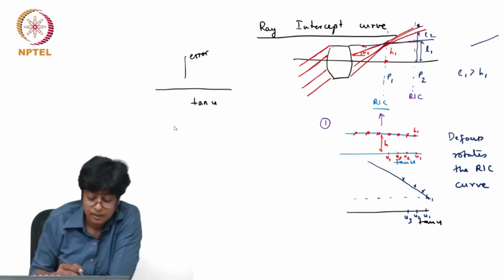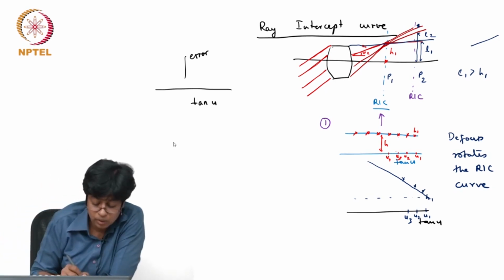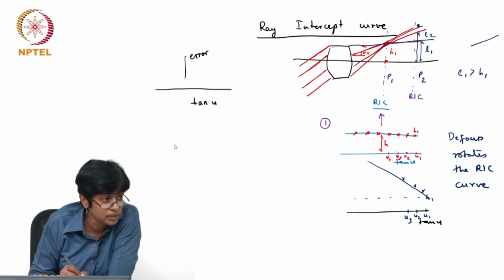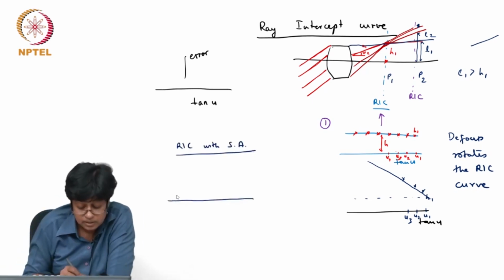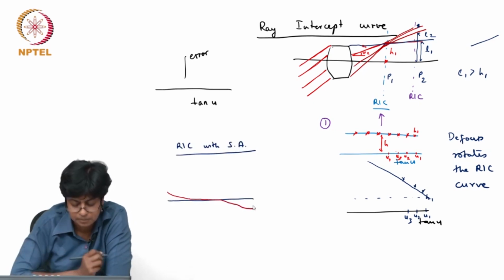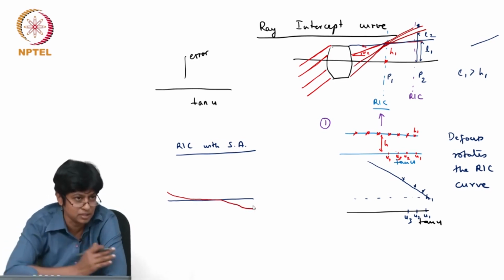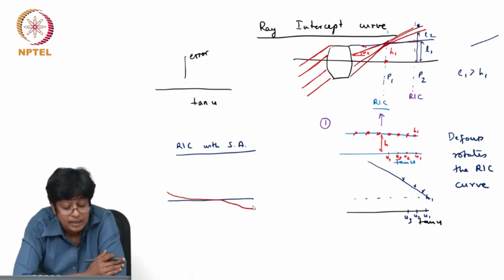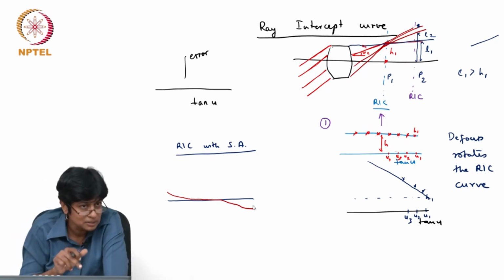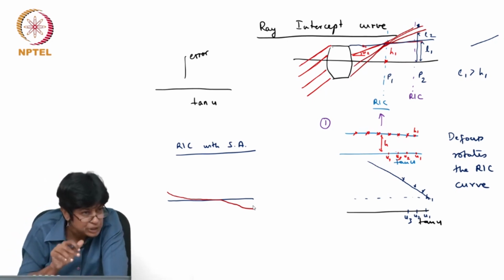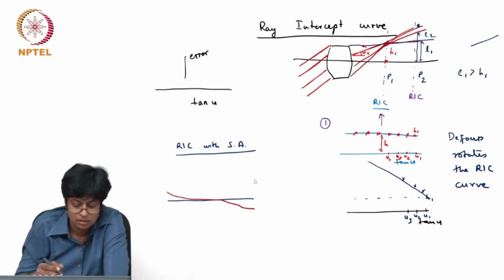So for example, what did our RIC curve look like for a system with predominantly spherical aberration present? It was something like this, right? I haven't drawn it very well, but something with anti-symmetry to it. So if you had a system like this, you would say there's predominantly spherical aberration present.